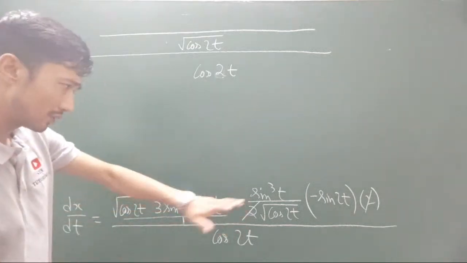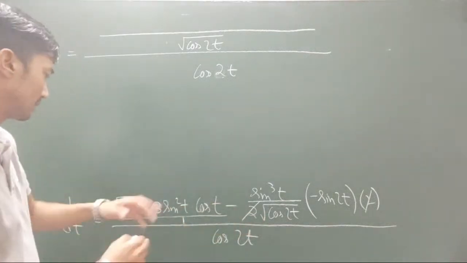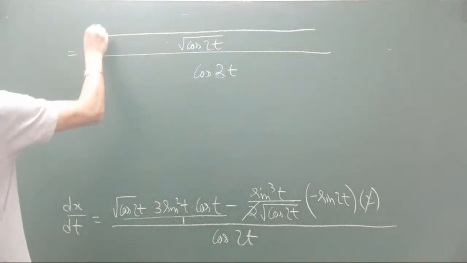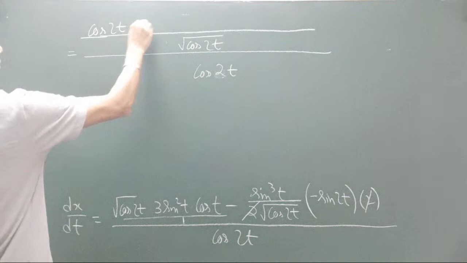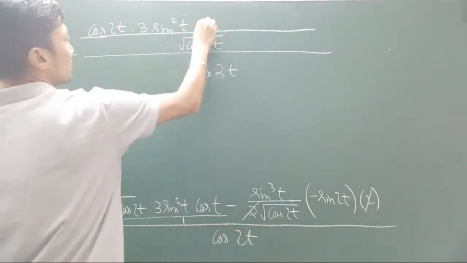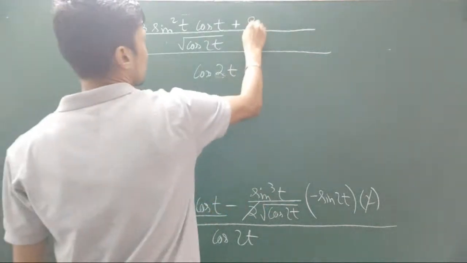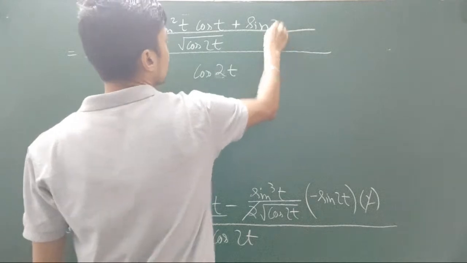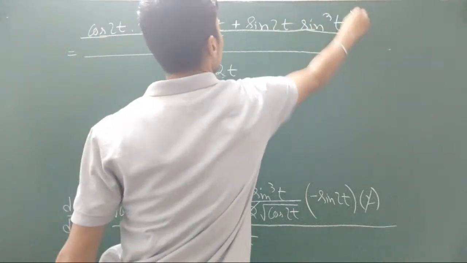So when you take the root, class 12 standard, I'm sure you can understand. So root, you'll have cos 2t into 3 sine square t cos t minus into minus, that's plus sine 2t sine cube of t.